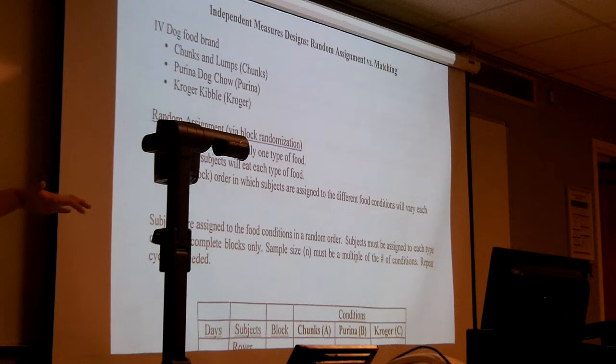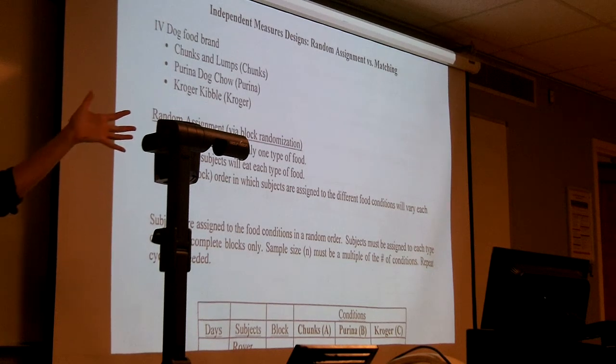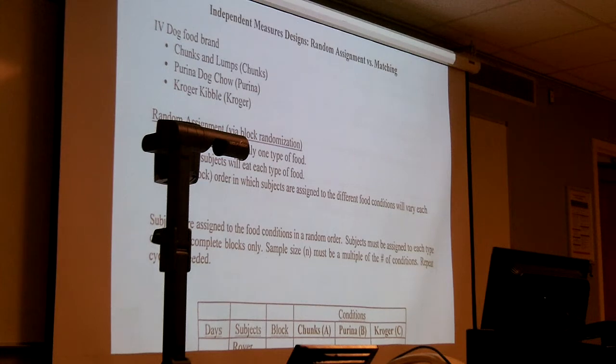So how many different random orders are there for these 3 letters? There's ABC, that's one. What's another one? CBA. What's another one? BAC. ACB. BCA. CAB. Okay. Is that all of them?